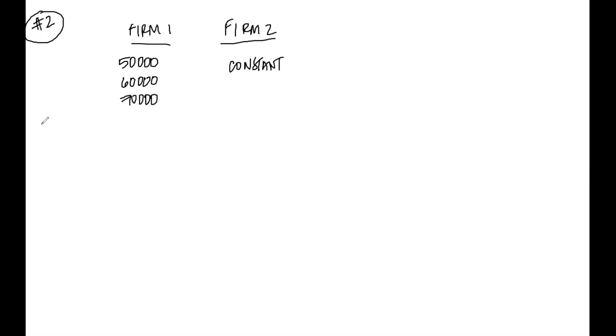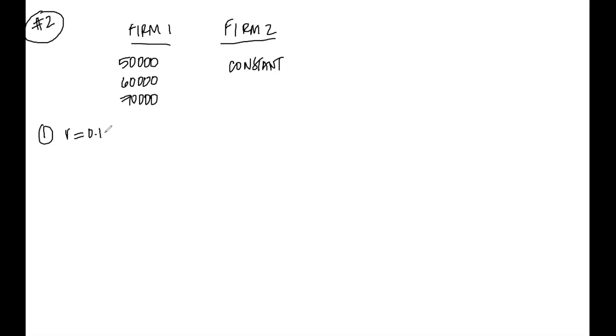So they said the discount rate was 0.1, and they wanted to know what the annual salary at firm 2 would be for the worker to accept the offer. So now what we have to look at is the incremental earnings, so the difference of earnings between the 2 places.